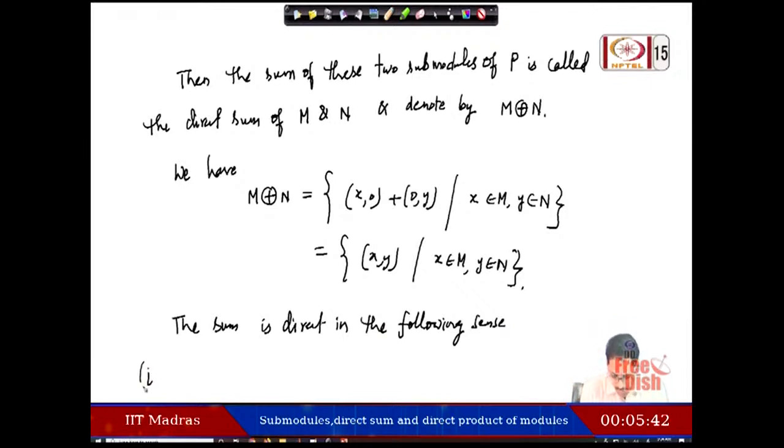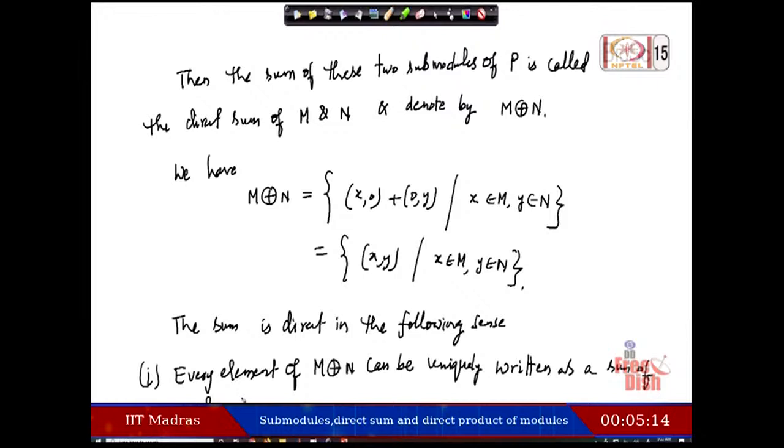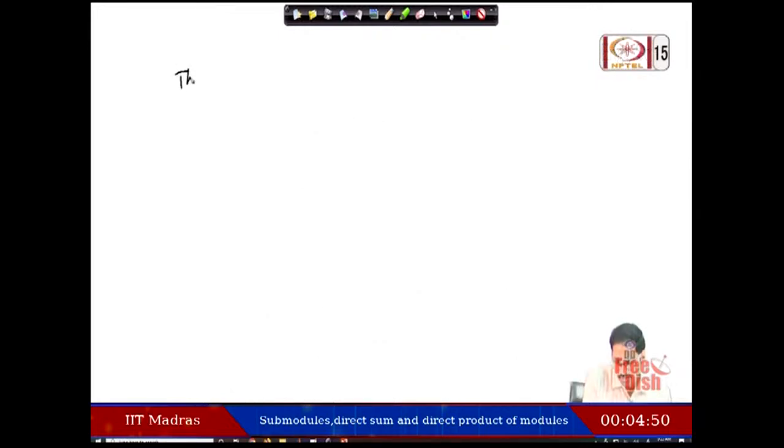Every element of M direct sum N can be uniquely written as a sum of an element in M and an element in N. So, every element of M direct sum N is uniquely written as the sum of an element in M and an element in N, and that is this one.